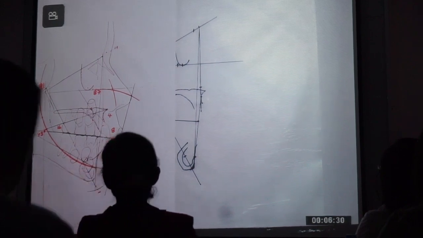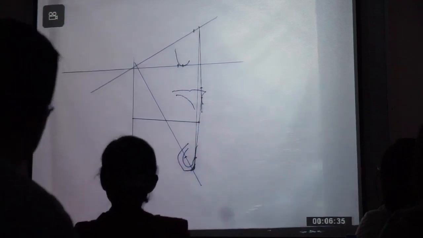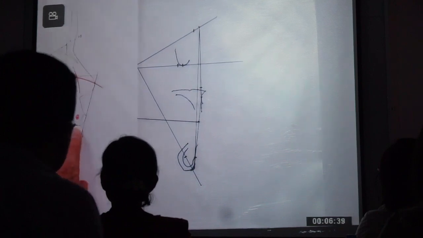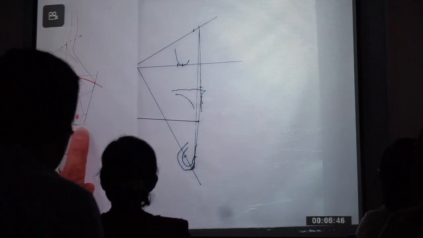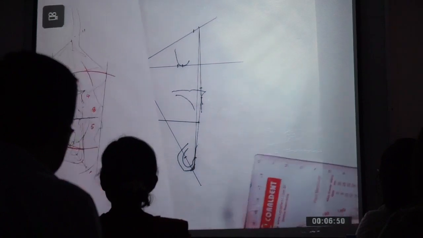I want to finish at 6. I like this level because it's almost at the commissure, maybe a little bit down.